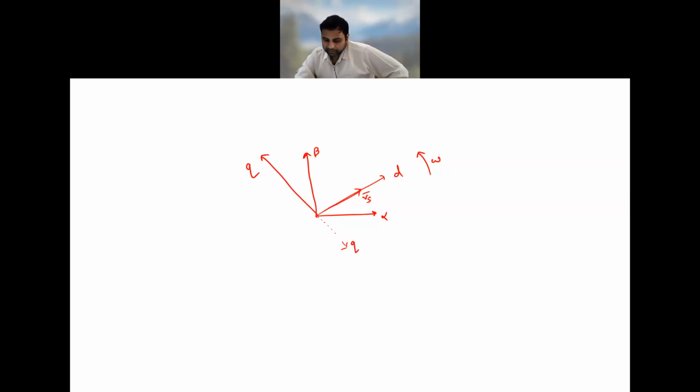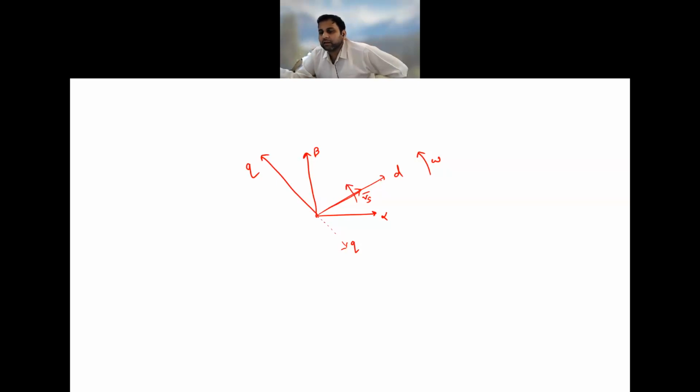The reason why we take q leading d is because we have already assumed that our space vector is rotating in the anti-clockwise manner, and for our easy understanding we have defined the q in this way.